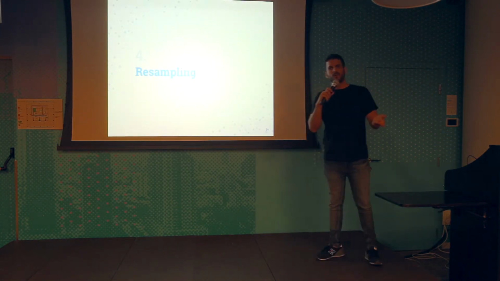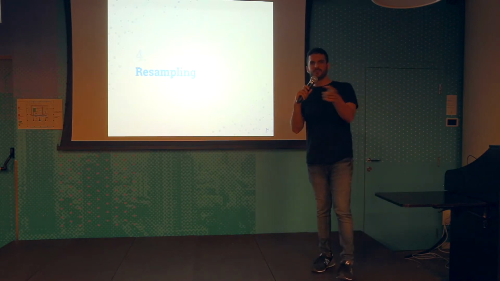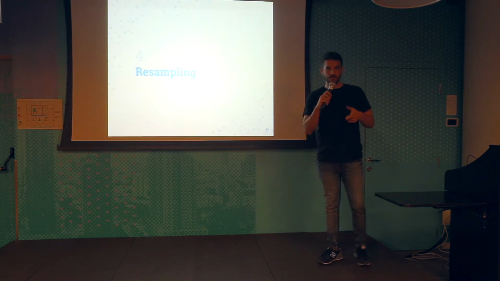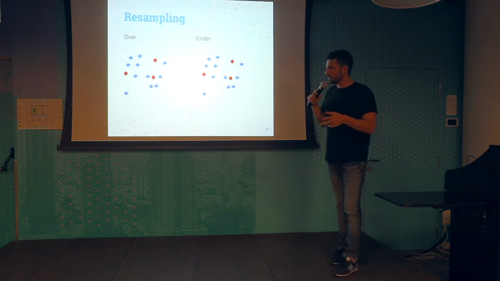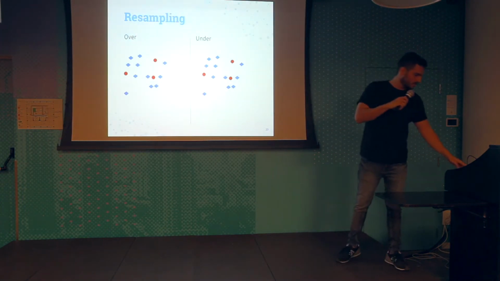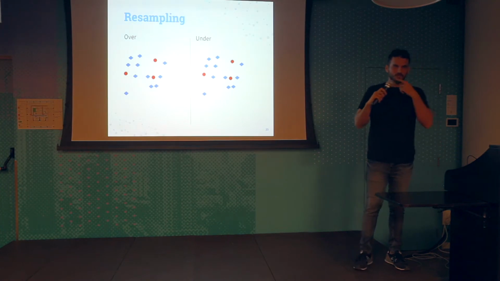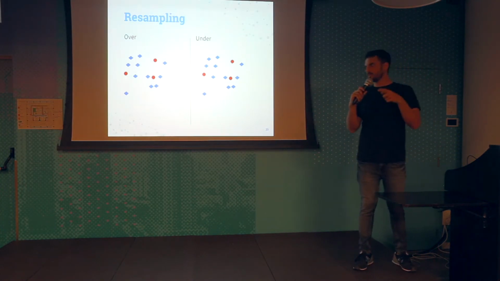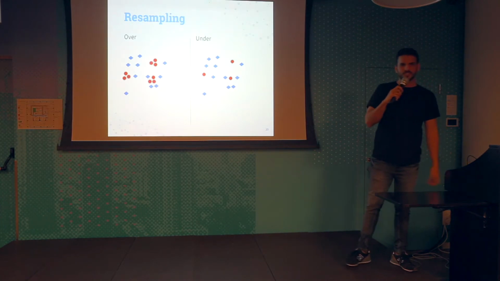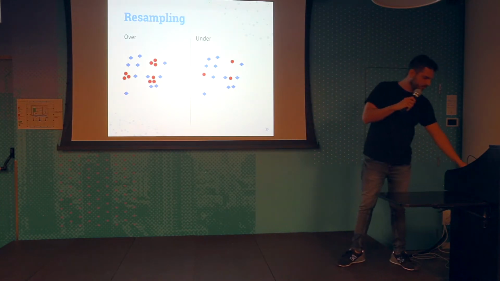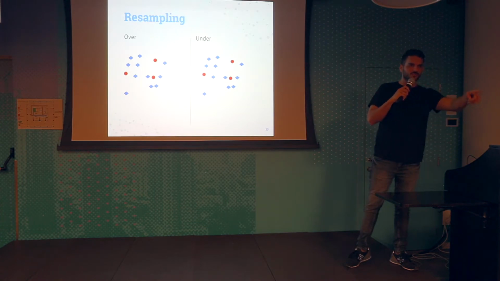We first talked about manipulating the loss function, now we're going to talk about manipulating the actual data. Just a quick reminder for you guys of what random oversampling and random undersampling are. In random oversampling, did you see the beautiful animation Uli made for me?